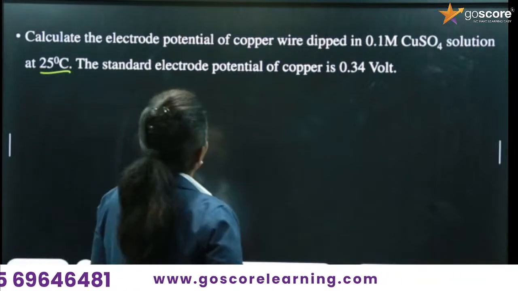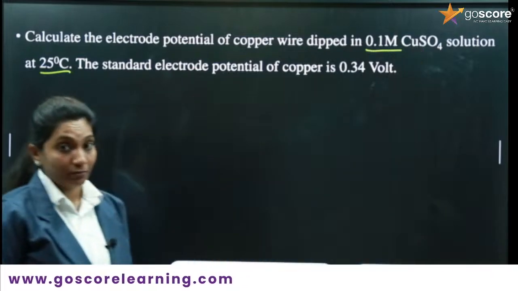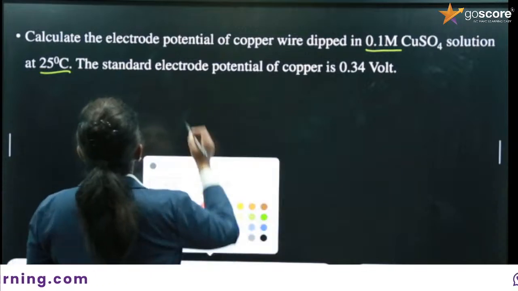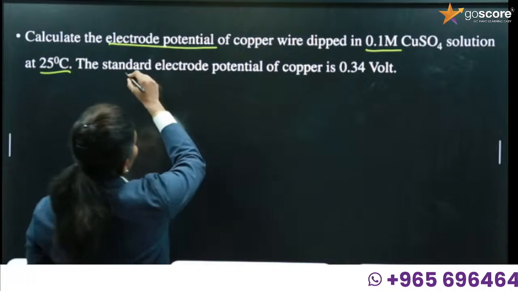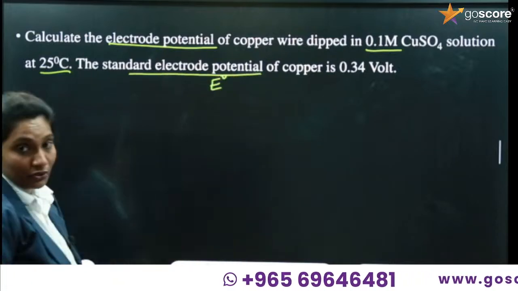Here the concentration given is 0.1 molar. Now see what we want to find out: the electrode potential of the copper wire, and its standard electrode potential, that is the E naught value, is given in the question, right?